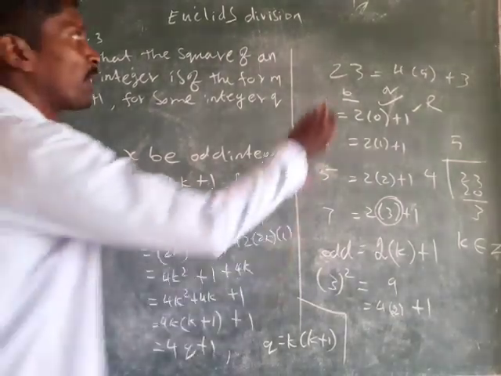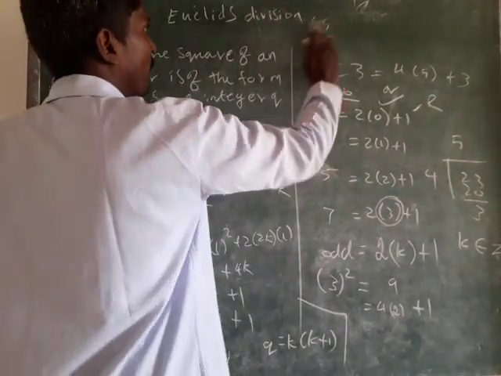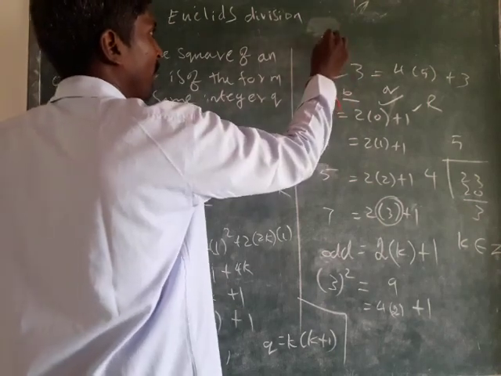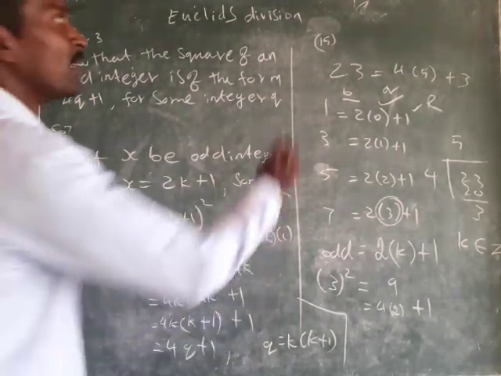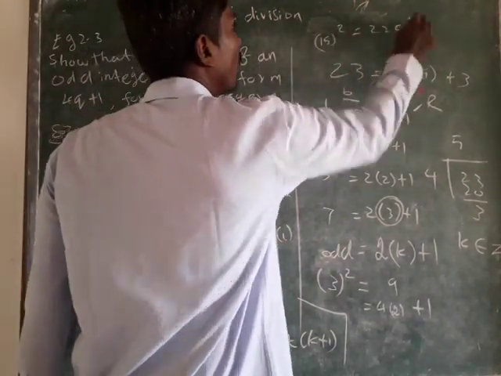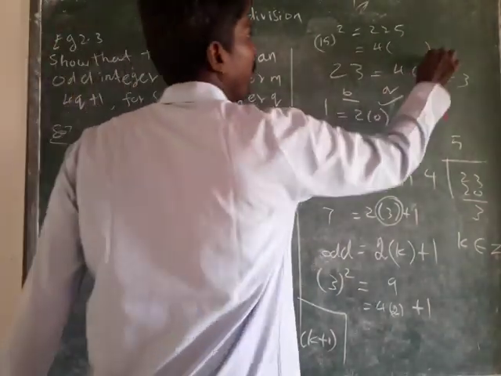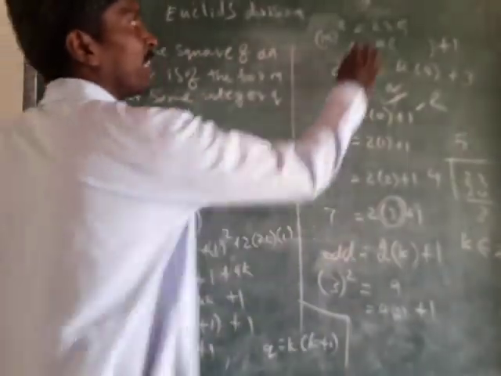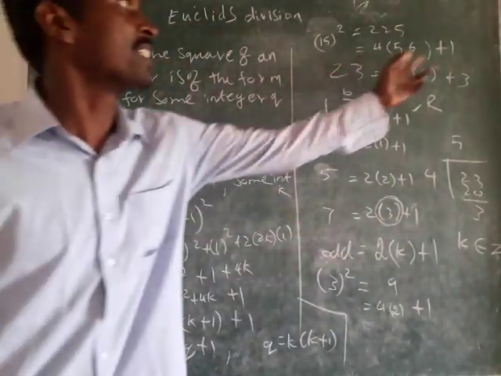Give any one number, say 25. What is 25 squared? It will be 625. How can you write 625? 4 into something plus 1. 4 sixes are 24, so 4 into 156 plus 1.